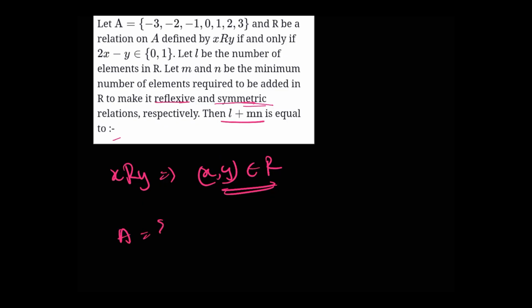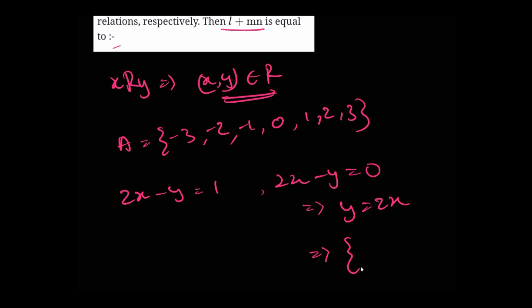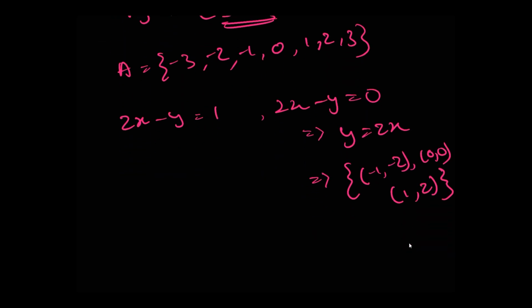Given A equals {-3, -2, -1, 0, 1, 2, 3}, 2x - y should be either 1 or 0. If 2x - y equals 0, that implies y equals 2x. From here we can get relations: if x is -1, y is -2; (0, 0) and (1, 2). These three will be the elements.